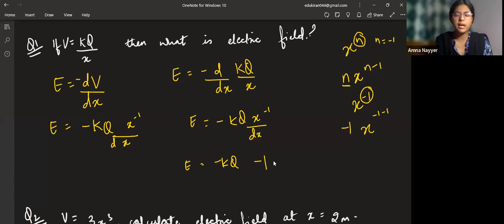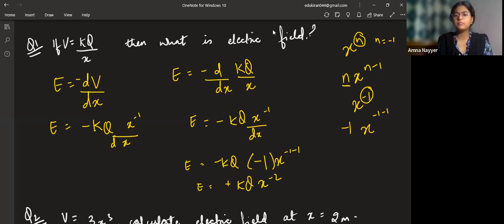So minus 1, x to the power minus 1 minus 1. This becomes minus kq into minus 1, so that becomes plus kq and x to the power minus 2.